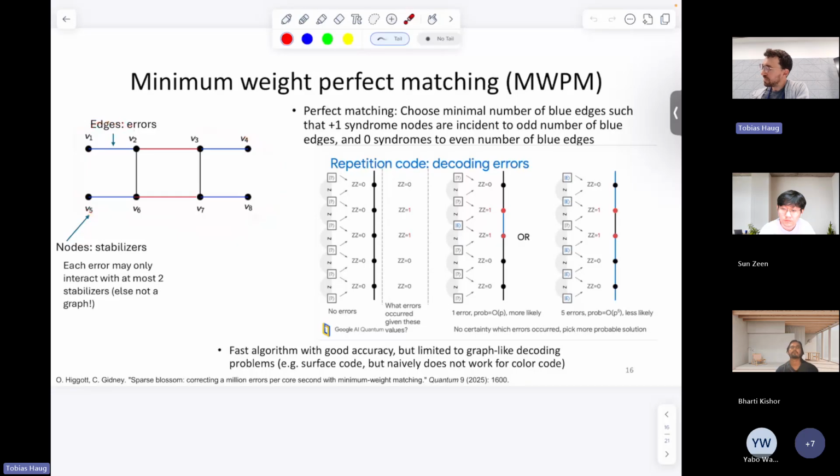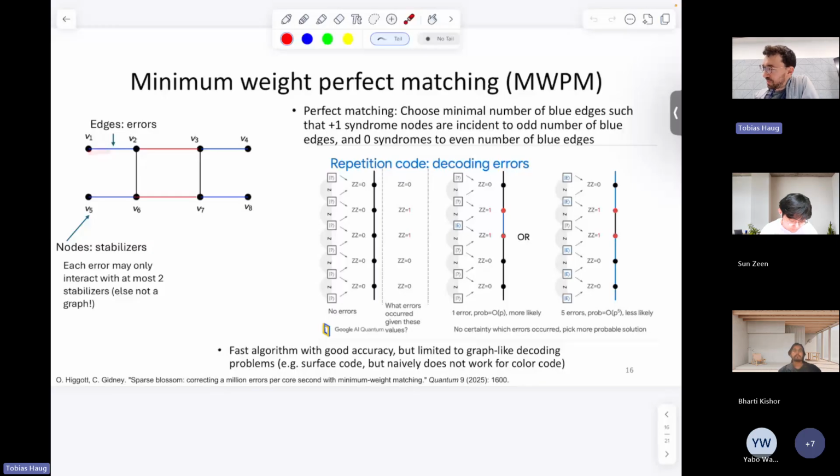You try to color the edges of your graph, and you're trying to find the minimum number of ways of coloring the edges blue, such that blue edges are incident on syndromes which are triggered with only an odd number of blue edges, whereas syndromes that have not been triggered are incident on an even number of blue edges. Okay, so this is basically some kind of prescription for how to color everything.